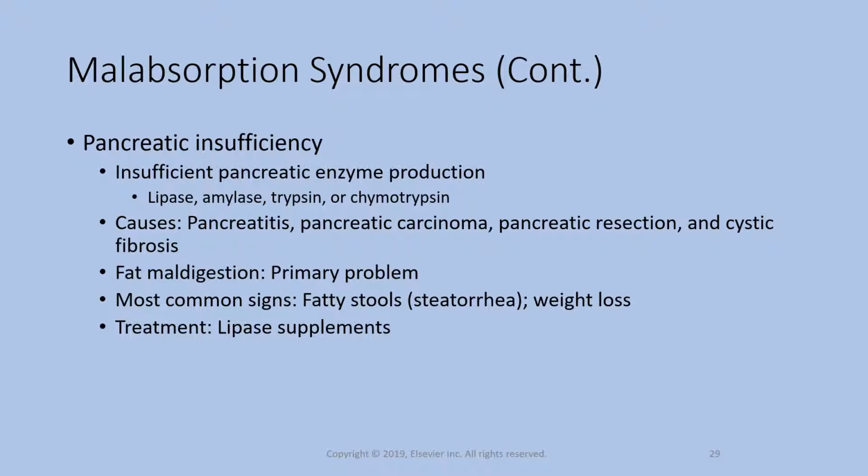Causes are pancreatitis, pancreatic carcinoma, pancreatic resection, and cystic fibrosis, one of the more common genetic illnesses. With fat maldigestion as the primary problem, the most common signs are fatty stool and weight loss, treated with lipase supplements.